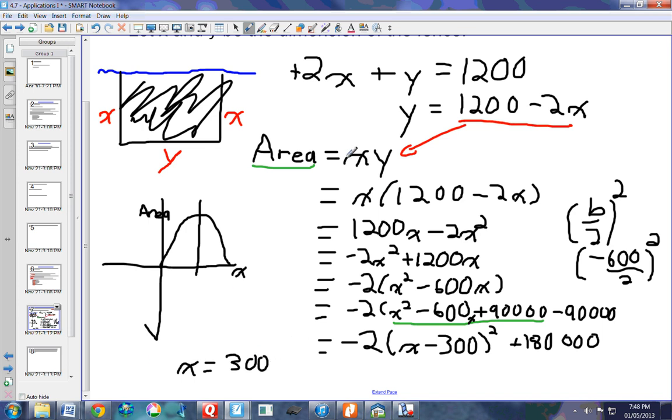And then to find our y value, we can take a look back at one of our earlier equations here, and sub x into that equation.